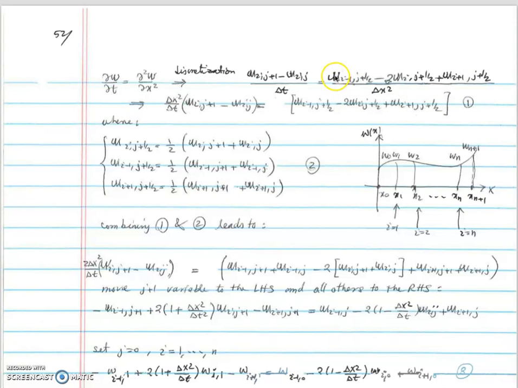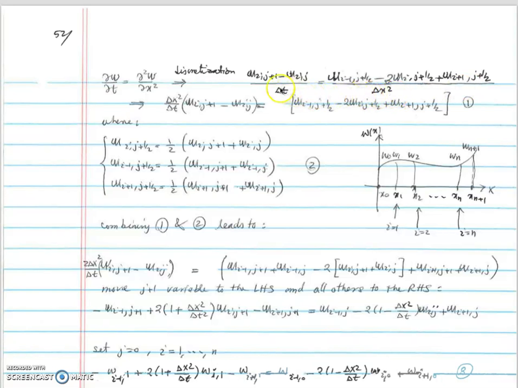So that is w(i-1,j+1/2) minus 2w(i,j+1/2) plus w(i+1,j+1/2). So j plus half is fixed. The index over i varies from i minus 1 to i and then to i plus 1. And the whole thing is divided by del x squared.